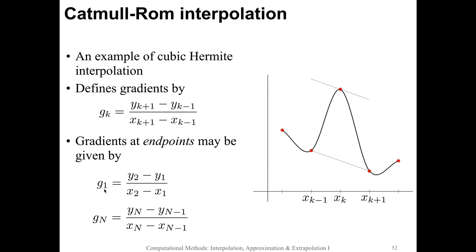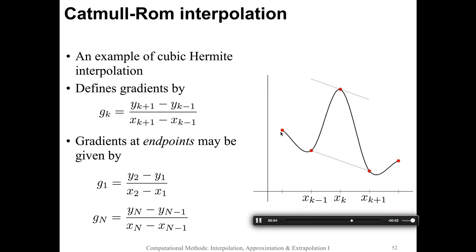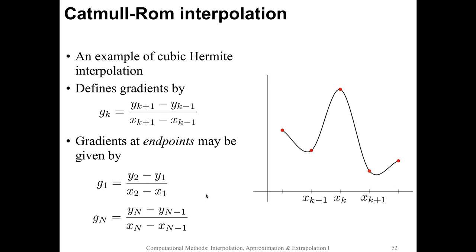So the gradient at the first knot point should be the same as the line joining the first and second knot points, and the gradient at the last knot point should be the same as the gradient of the line joining the last knot point to the previous one, which we can see here by these lines here.